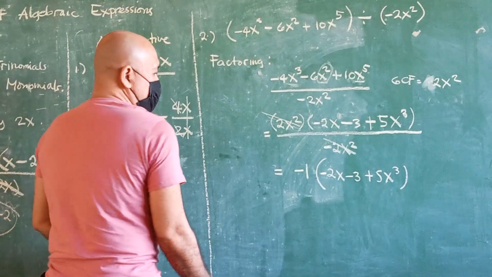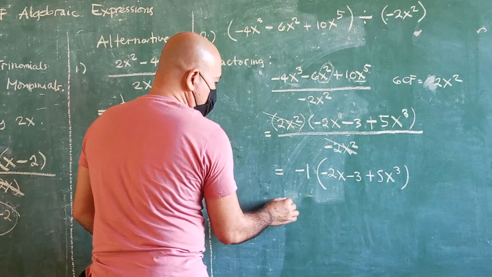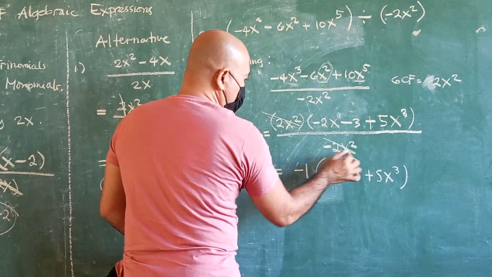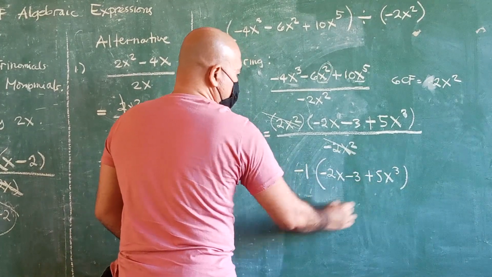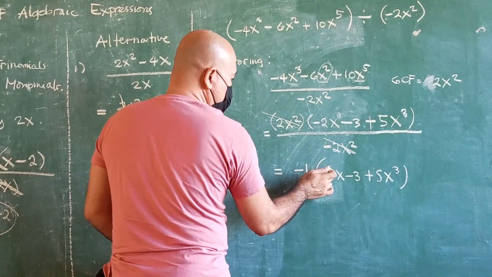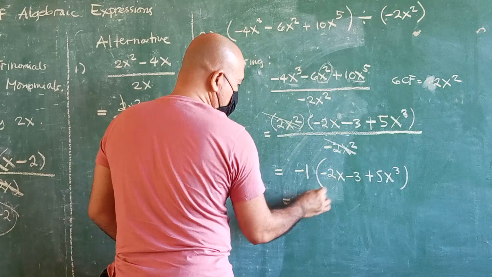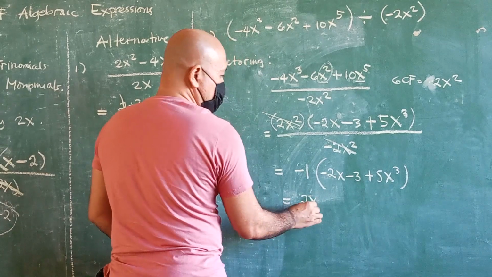So that's it. When you multiply that, you need to be careful with the negative, so distribute negative 1 to each term inside the parentheses. Negative 1 times negative 2x, negative times negative is positive, and 1 times 2x is 2x.